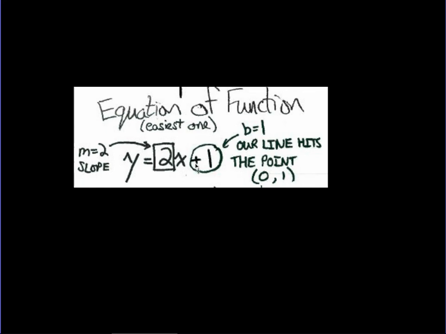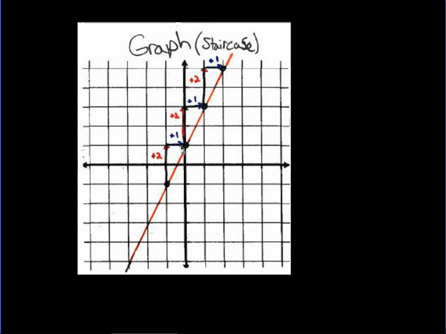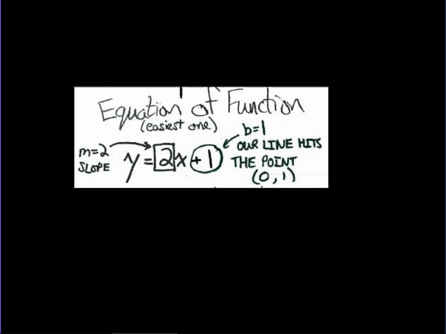And then the y-intercept is the entire term after that first one. So it's going to be 2x plus 1. Our slope is 2, and our y-intercept, labeled as b, is going to be a positive 1. That means our line hits the point (0, 1), which you are able to see in the graph from that original function. It hits that point (0, 1), which is right here. Again, make sure you have those different points on there.